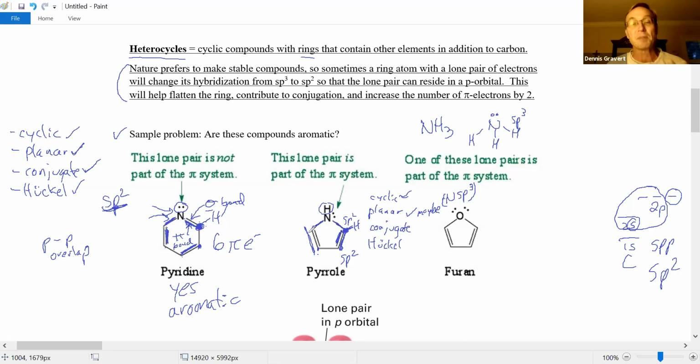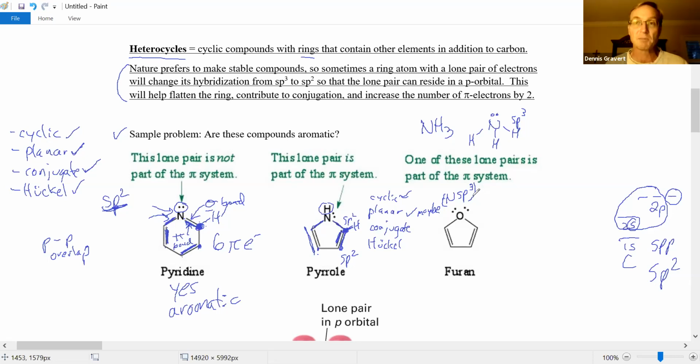They must have a p orbital too to make that double bond. So all the carbons have a p orbital. If nitrogen has a p orbital, then we could say it's conjugated. But we just said nitrogen's sp3. It doesn't have any extra p orbitals. All the p orbitals got used up to make sp3. So I would have said, no, it's not conjugated.